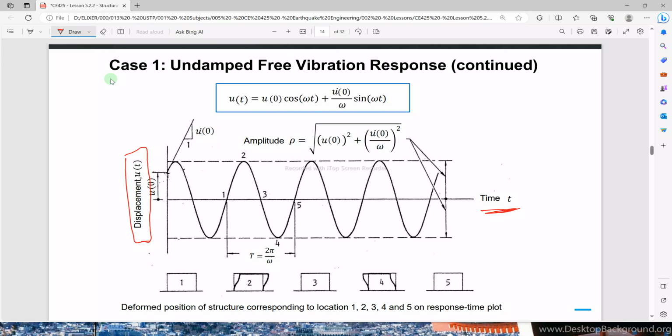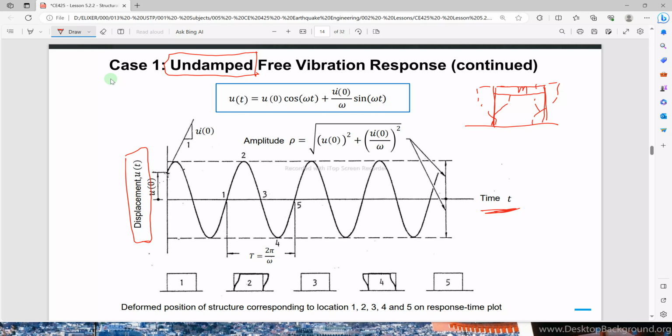Since this is an undamped free vibration, there is no damping. This is our first idealization. If you remember, in the first idealization of the building we only have the mass M, a rigid roof, and a flexible column, and it will oscillate on both sides.